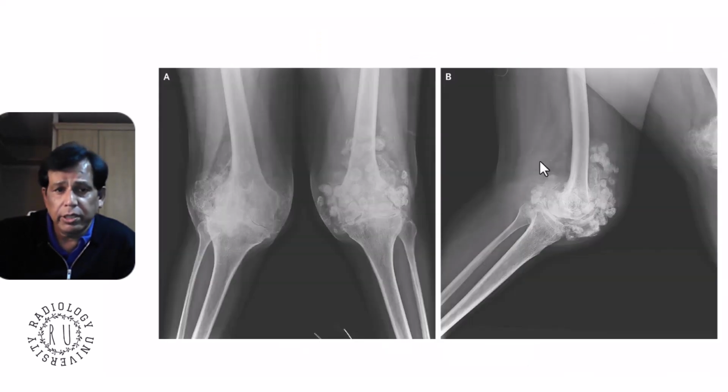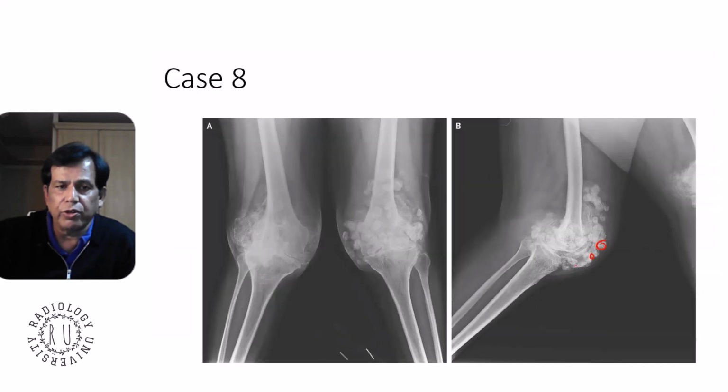Case number 8. Oh, that's an easy one. I think many people can say, okay, we've seen it. The patient looks like they have some chronic disease. The bones are very slender. It could be a patient with a stroke or any other deformity where the limb is not being used. That's why the bones are slender and osteopenic.